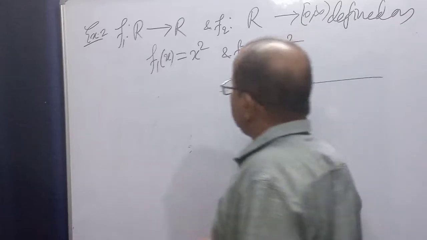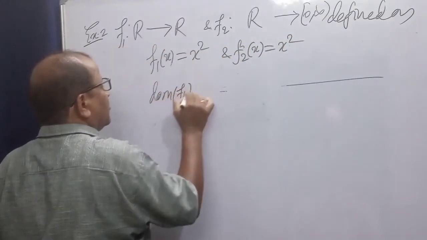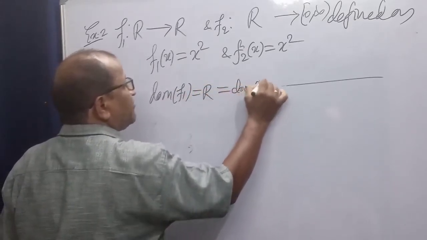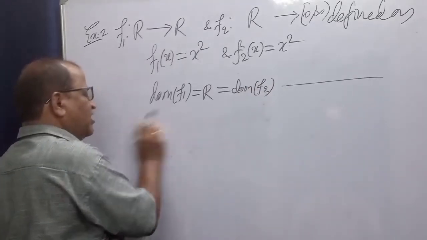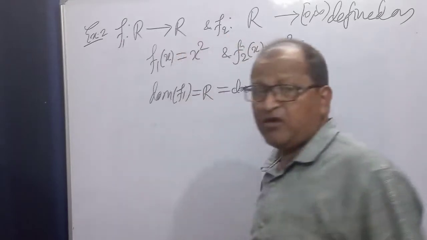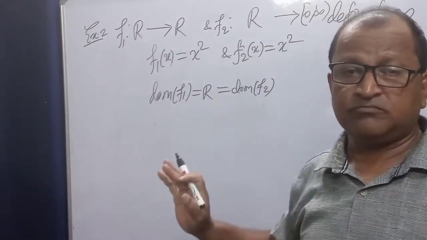Here you see the domain of f1 is R, which is equal to the domain of f2, because both are x square and defined over the set of real numbers, so their domains are equal.